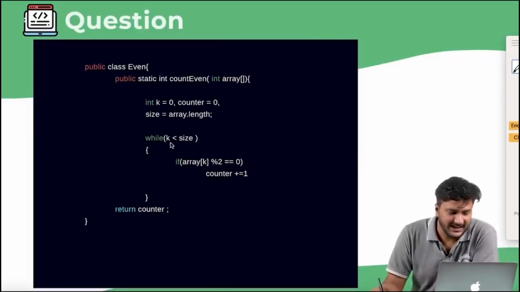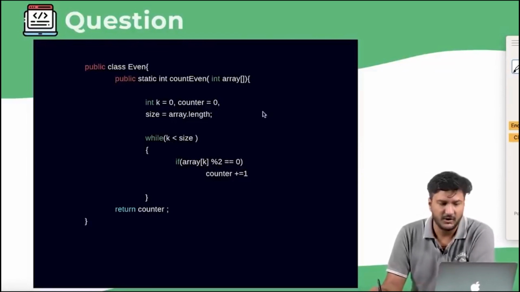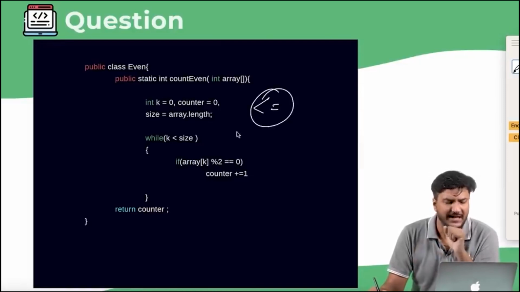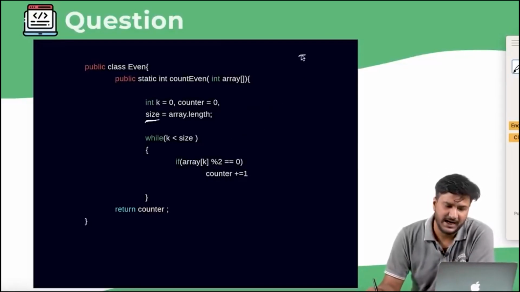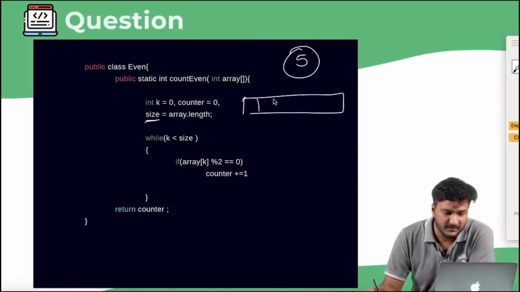Now, while k is less than the size. A lot of you may say that it should be less than or equal to, but I'll say no. The size will say my size is 5, but in the array the elements would be 0, 1, 2, 3, 4.